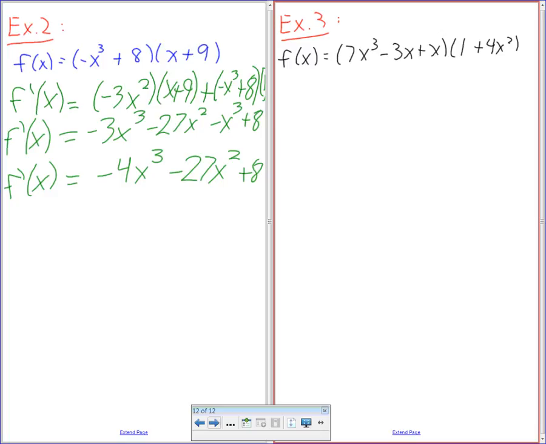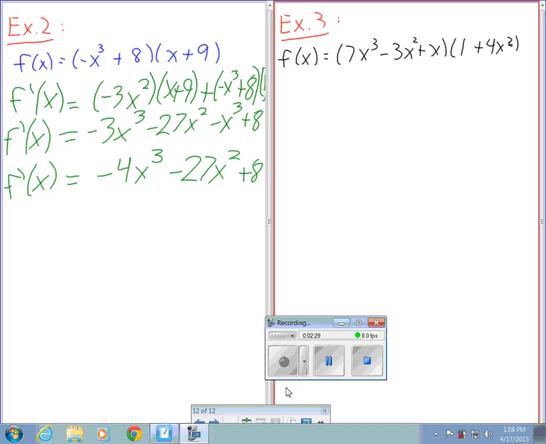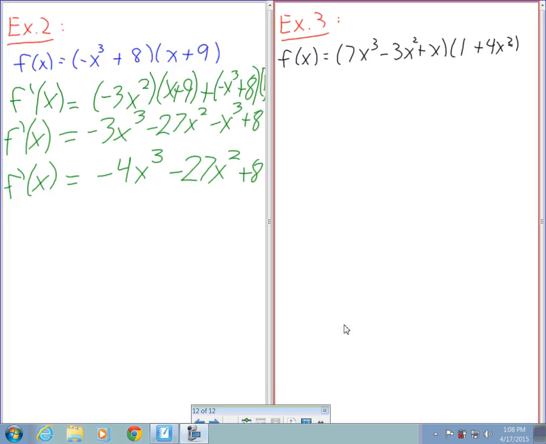Whoops, this should be a squared here, sorry. There we go. Okay? Good? Okay, so do your best. And then I have 2 more examples here, because there's some good discussion here.